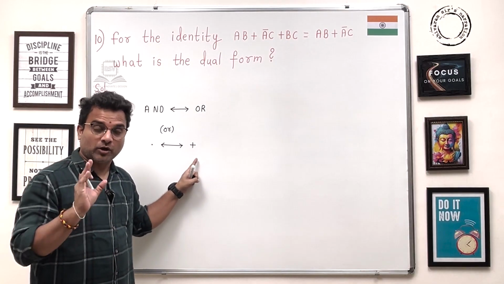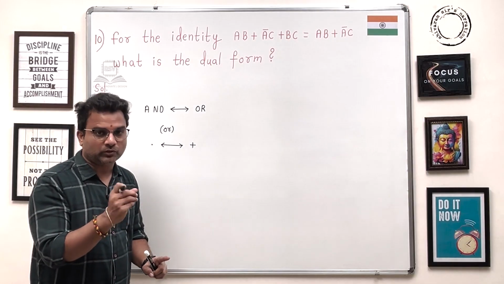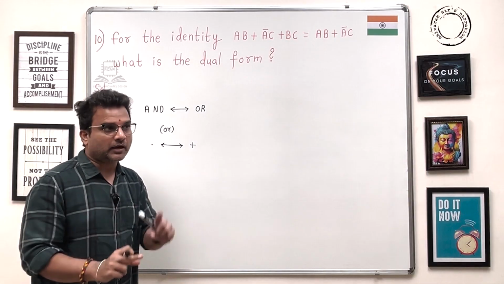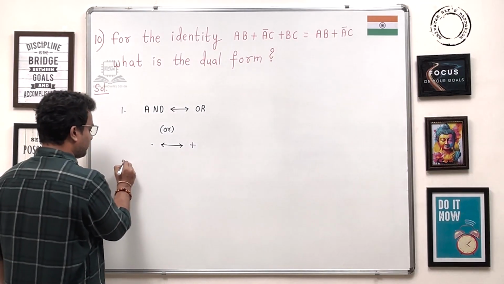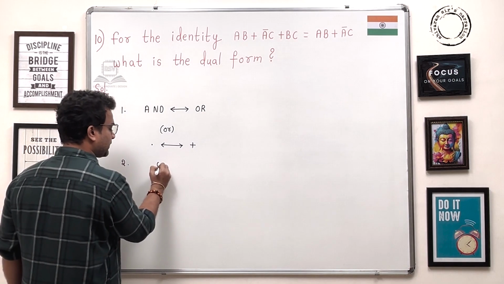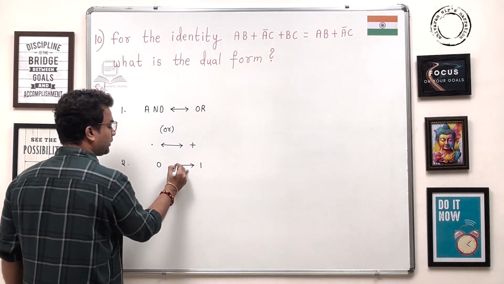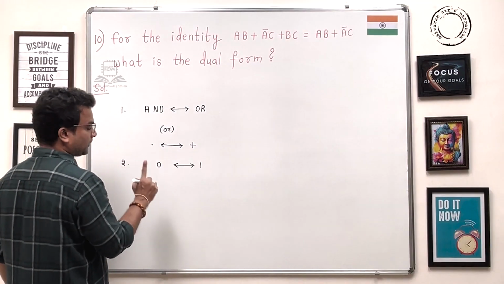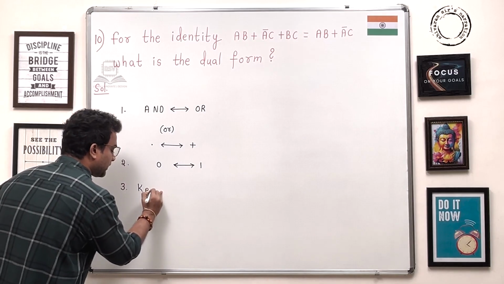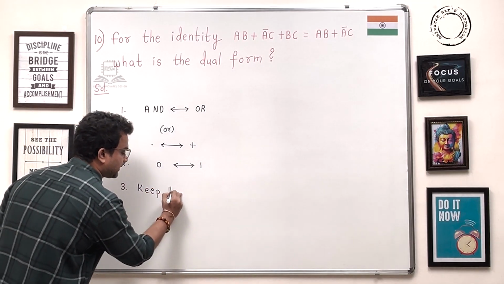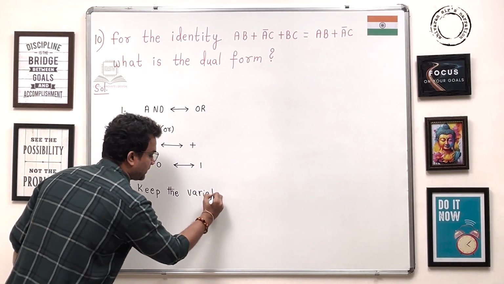Strictly speaking, you should not say dot and plus. If you say into and plus, it comes under arithmetic operations. Now, the second one, in your expression, if 0 is there, you need to replace it with 1. If you have 1, you need to replace it with 0. And the third, important one, keep the variables as they are. You should not change the variables.